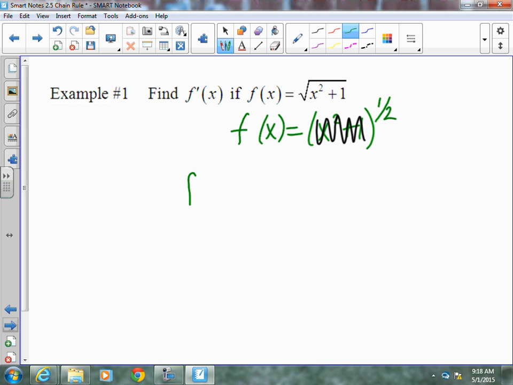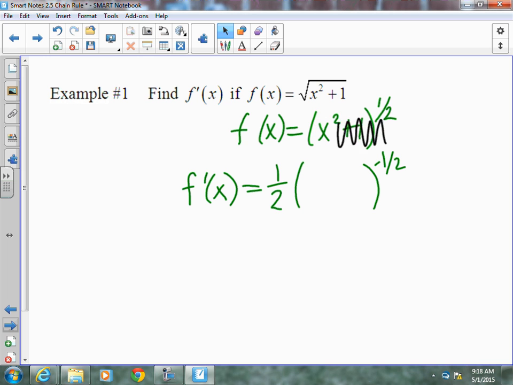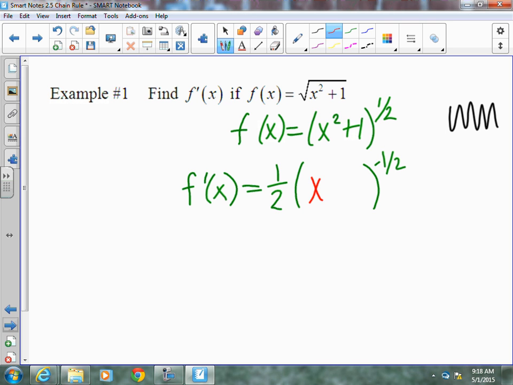When we take the derivative, we're going to derive the outside. Well, when you have something to the 1/2 power, that's going to be 1/2 times something to the negative 1/2. Now, if you remember what was under there, it was x squared plus 1. So that's what stays in our inside, our u. But then, we have to multiply by this u's derivative.